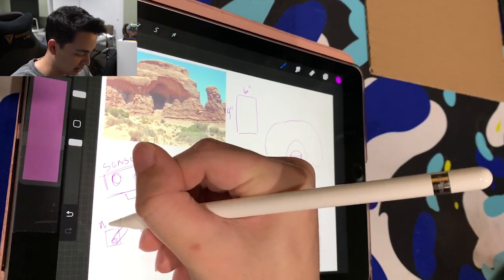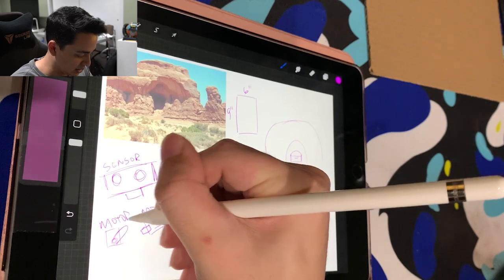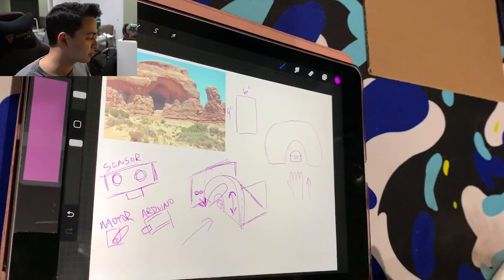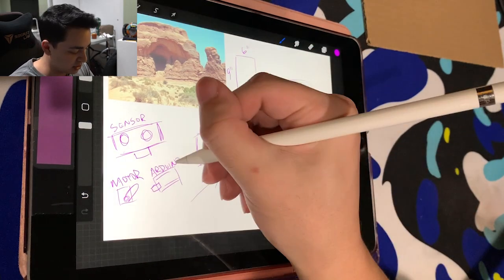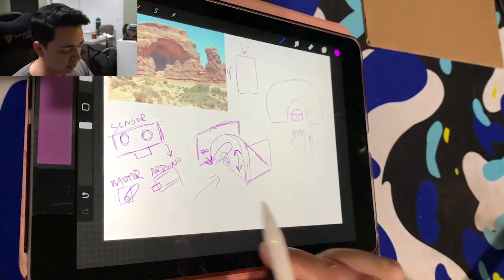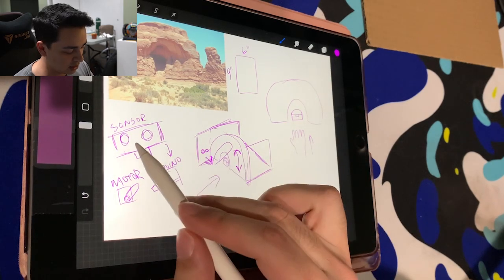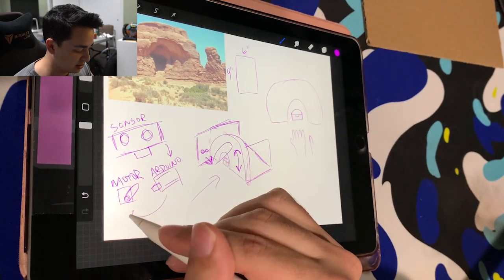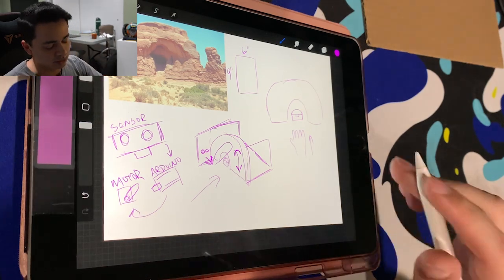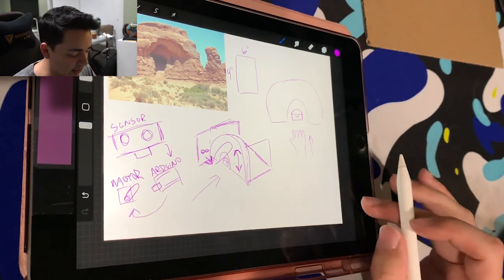This is our motor. So when you put your hand too close, the sensor's going to tell the Arduino how close the hand is getting to the cave entrance, and then it's going to tell the motor to shut closed. That's the plan, right?